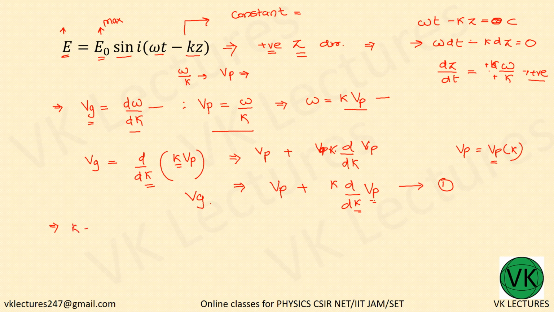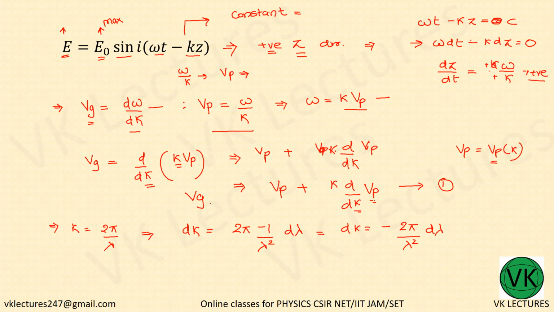Now k is equal to 2 pi by lambda. We can write it as dk equal to 2 pi, which is a constant, times the derivative of 1 by lambda, which is minus 1 divided by lambda square into d lambda. This is the differential form. Now we just need to substitute for dk. So dk equal to minus 2 pi divided by lambda square into d lambda.